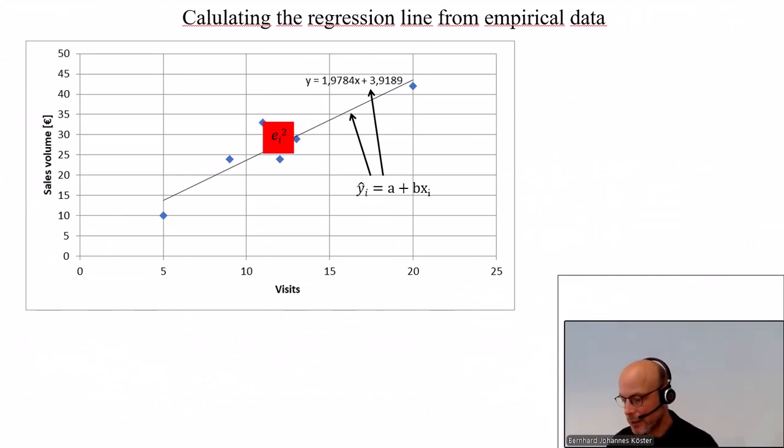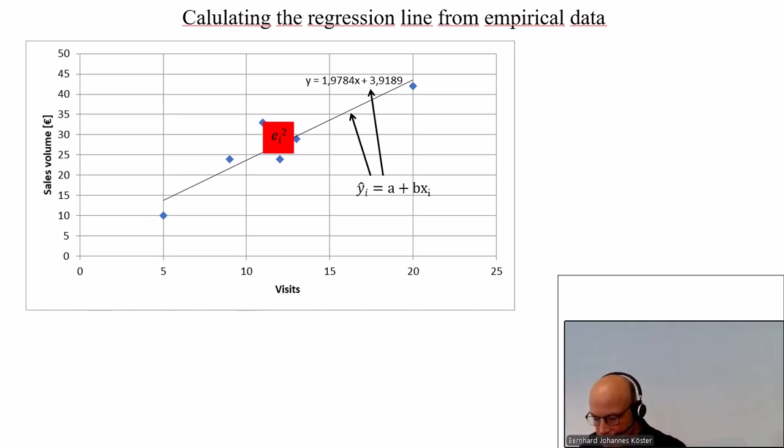In general, what we have done here is that we have fitted our theoretical linear line, and this linear line minimized all these red squares and the sum of this, so the area of all these red squares.